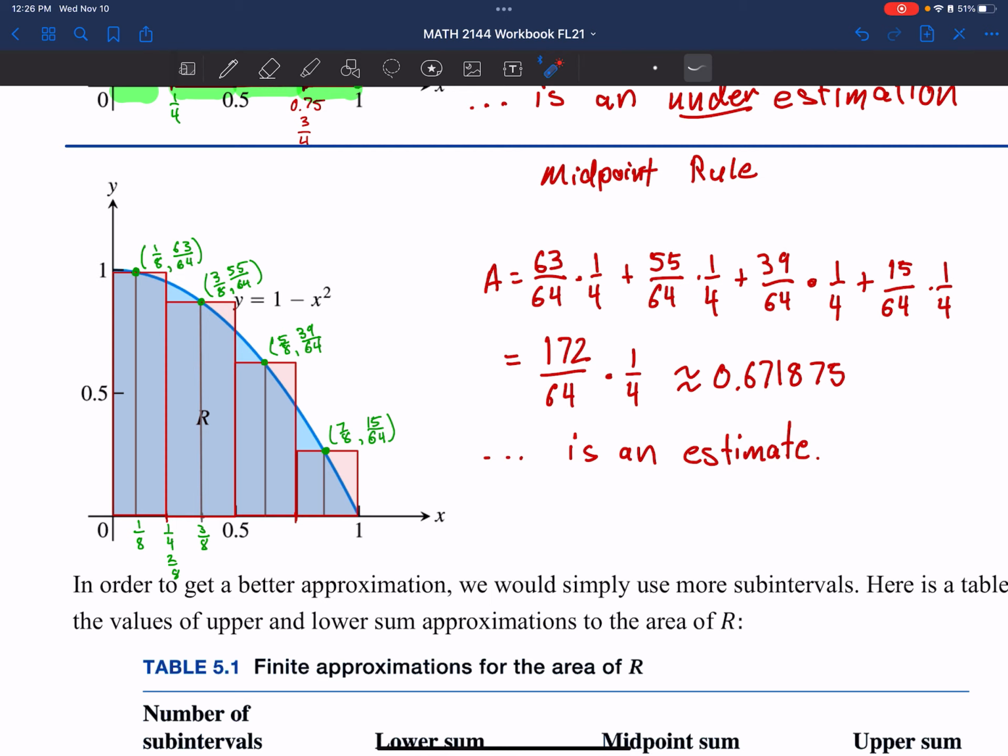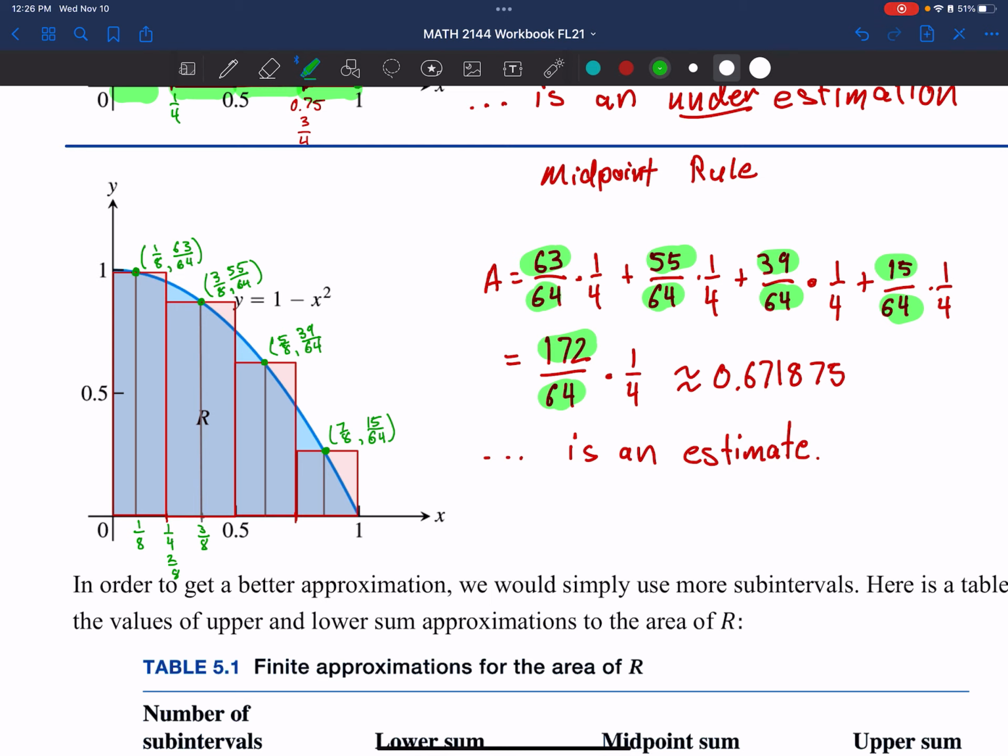So if you look at what this 63 plus 55 plus 39 plus 15 is, 172 over 64. You could think about that, because the 1/4 is common amongst all of those. You can just go ahead and add the heights. And then once you add the heights, multiply it by the base, because we're doing equidistant subdivisions to reduce the computational load.